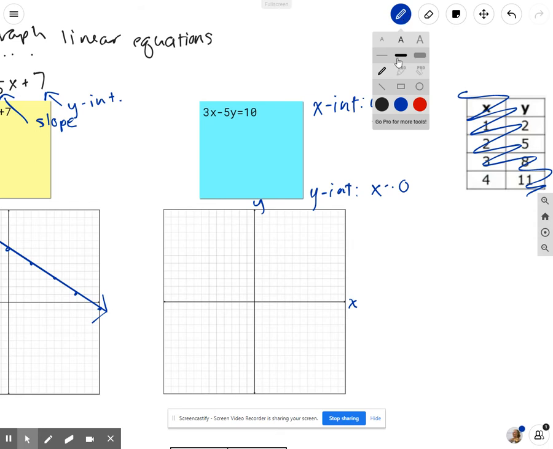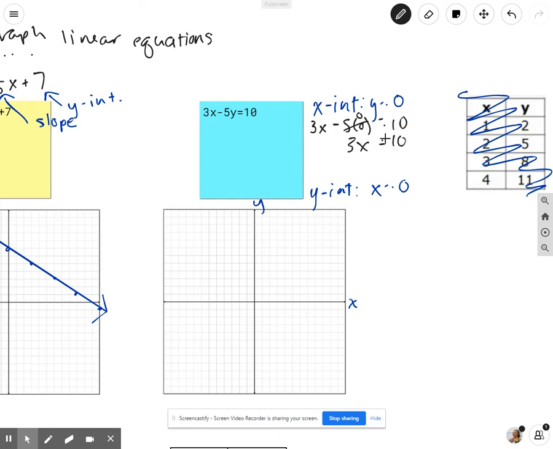With that information, we look at our equation, 3x minus 5y equals 10. To find our x-intercept, we put 0 in for y. So we have 3x minus 5 times 0 equals 10. Well, 5 times 0 is 0, and subtracting 0 doesn't do anything, so we just have 3x equals 10.